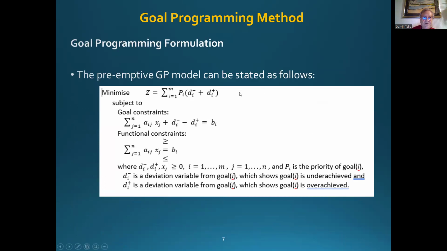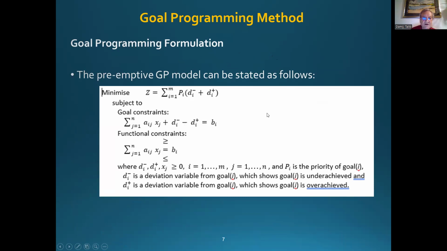The goal programming method is very important actually, because farmers are often faced with several goals simultaneously. This is the formulation of the goal programming model.